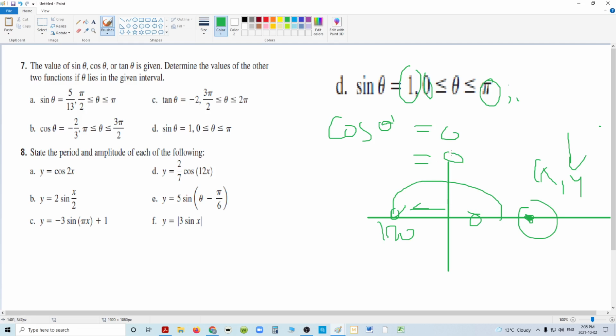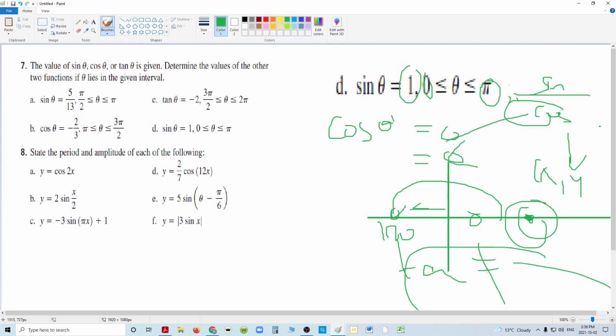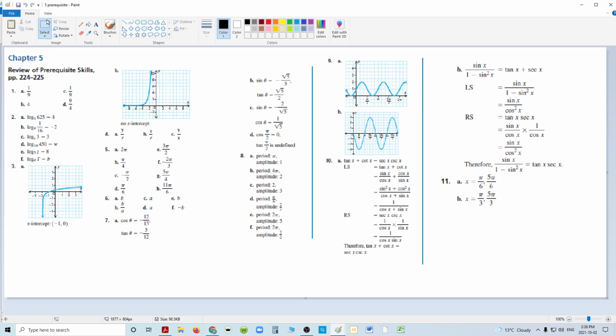And I also know that the tangent, and this is the interesting part, is sine over cosine. And since cosine is 0 both times, tan does not exist. So there's no solution for tan. Just to confirm that, I'm going to pull up number 7, these last two.